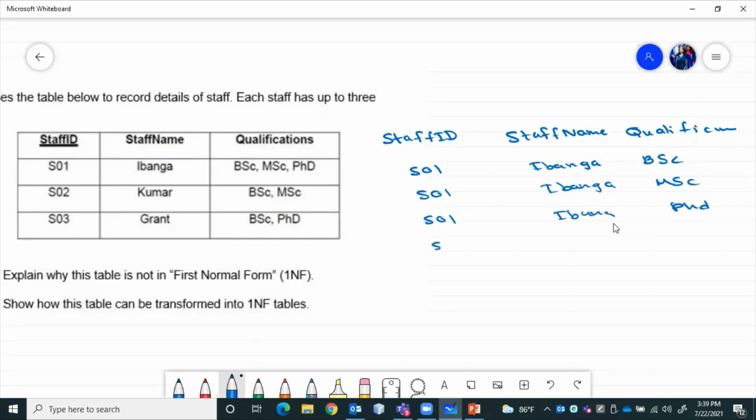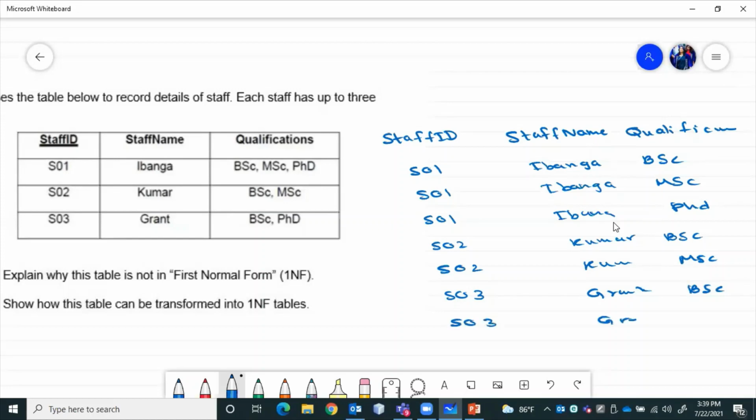And then S02, Kumar, BSc. And again S02, Kumar, and MSc. And S03, Grant, BSc, and S03, Grant, PhD.